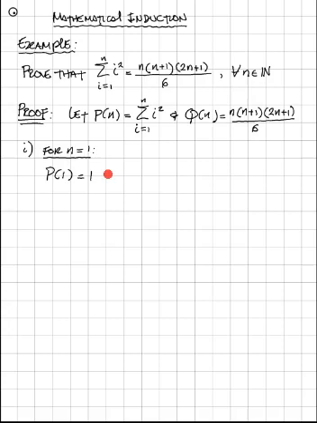And Q(1), let's check, is 1 multiplied by 2 and then multiplied by 3, divided by 6, which is also equal to 1. So then the conclusion: P(n) is equal to Q(n) for n equal 1.